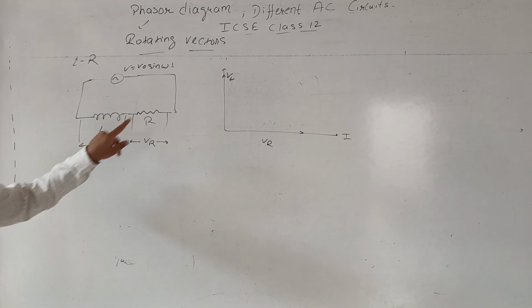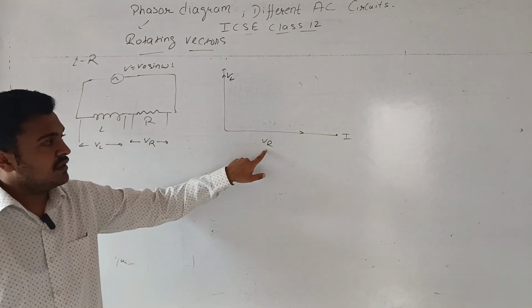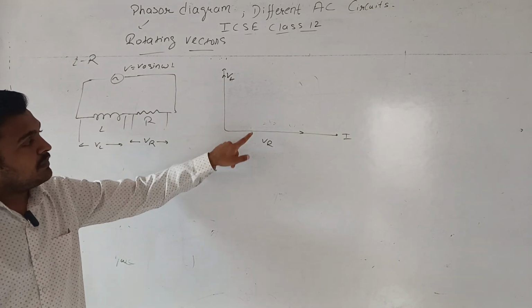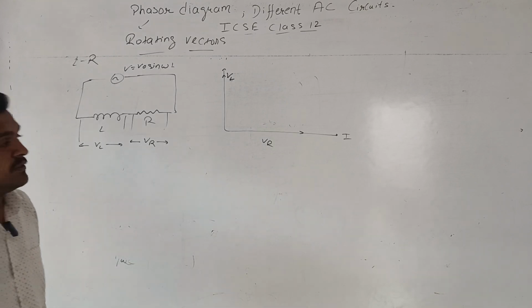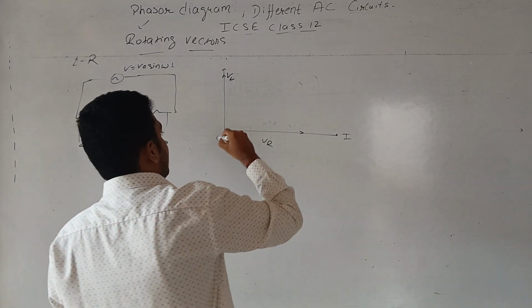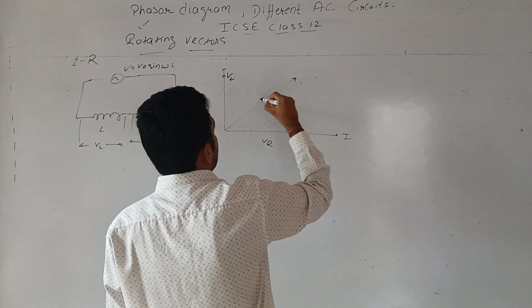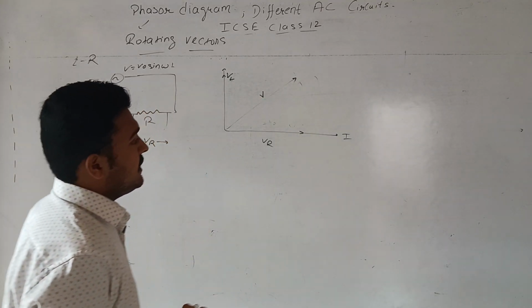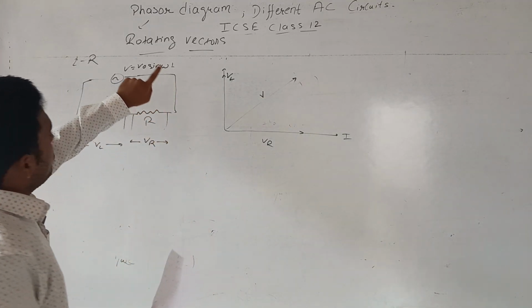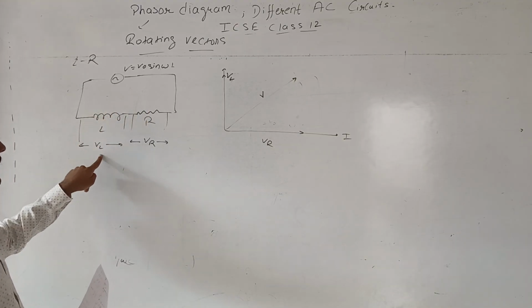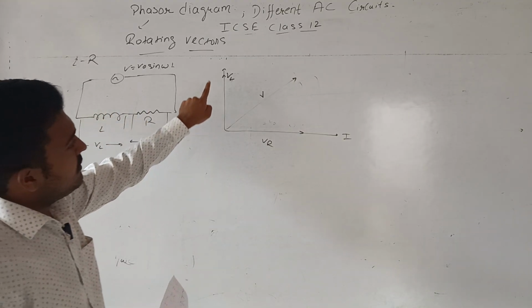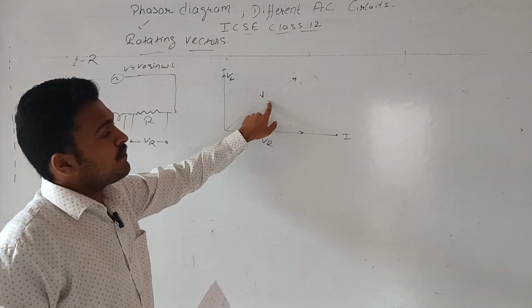The potential across the inductor is VL and across the resistance is VR, and both will be at a right angle to each other. This will be our resultant V. V is the resultant potential of this circuit.